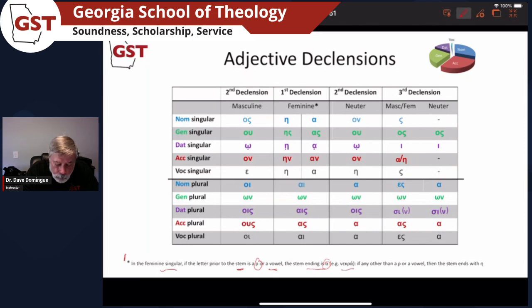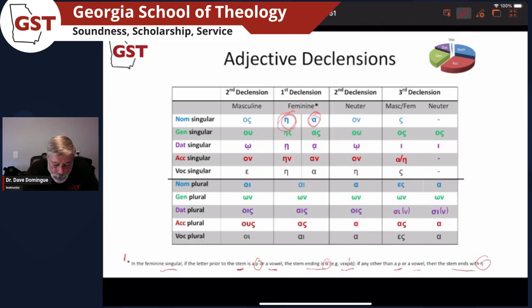If it's any other letter than a rho or a vowel, then the stem ends with an eta. So it's either going to be an alpha or an eta, right? So nekra, here the stem ends with rho, and so it's going to be nekra. If it had been a different letter, then it would have had this eta ending with it.